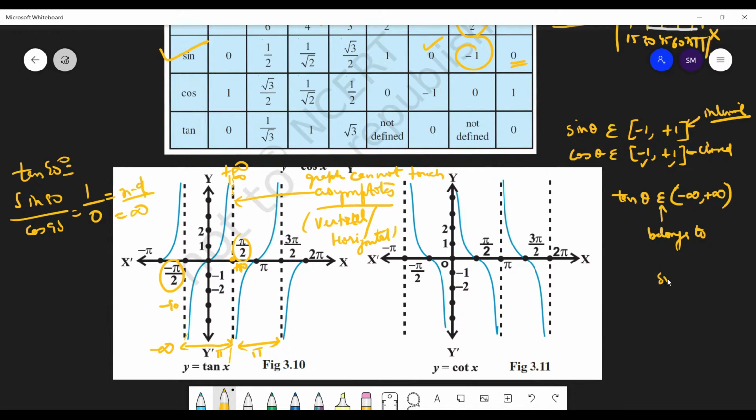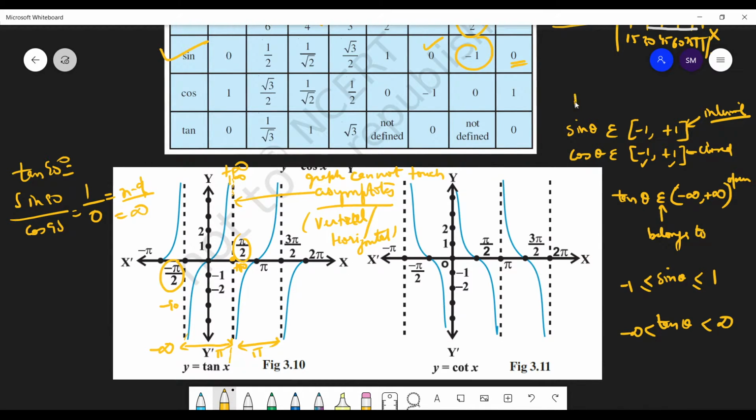When you write the value of sine theta, the equal to sign will also be used. But when you write the value of tan theta, the equal to sign will not be used. That's the meaning of a closed bracket. So these values are also part of the interval. And with an open bracket, the values are not part of the interval.